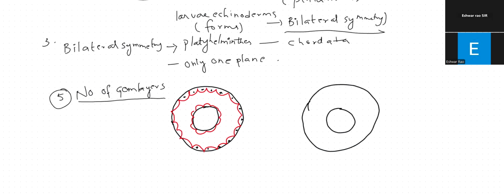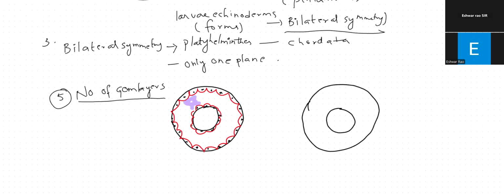These are ectodermal cells like this. And here you can find an empty space. One second, I'll show with another color. This part has no cells here.